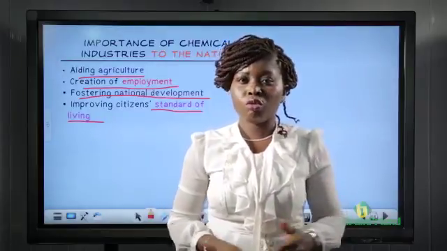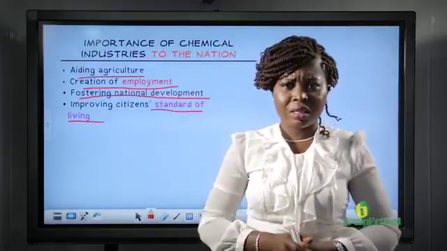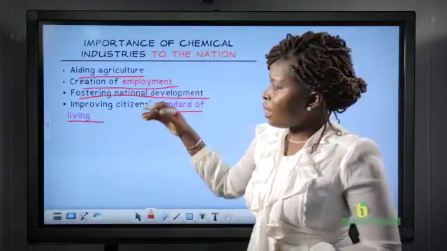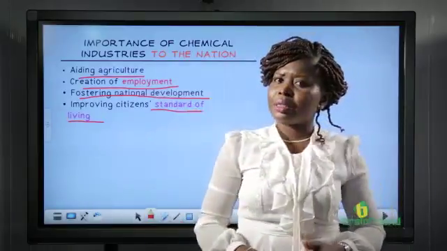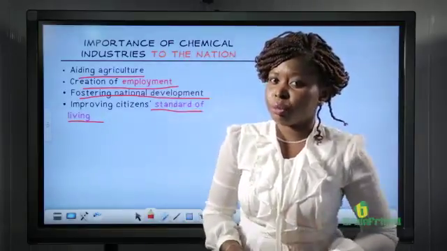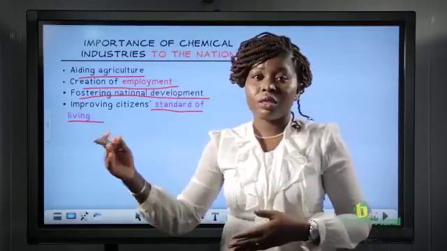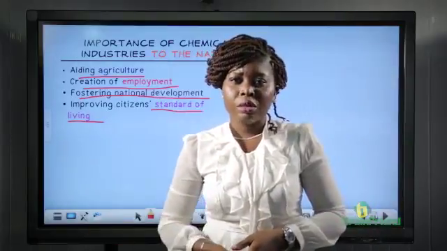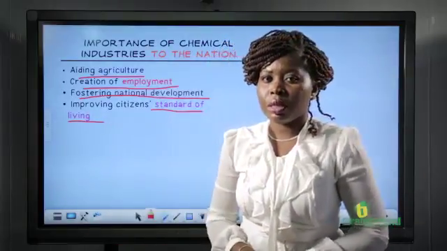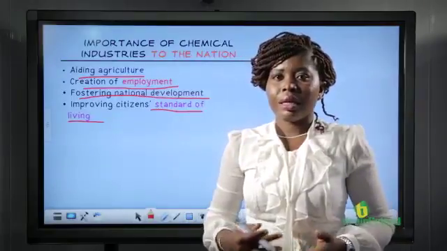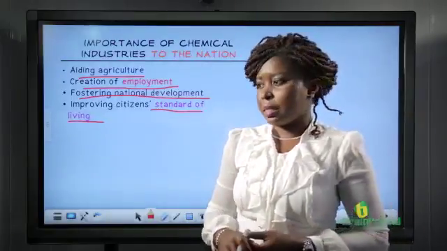For example, provision of infrastructure such as good roads, clean water, telecommunications, electricity, and health services. When all these things are in place, the lives of the citizens will be greatly improved. You can easily have access to healthcare, to hospitals, to good roads, clean water, and other basic needs.